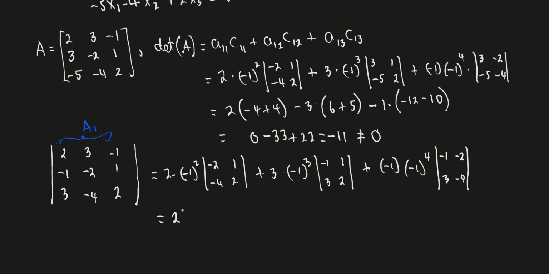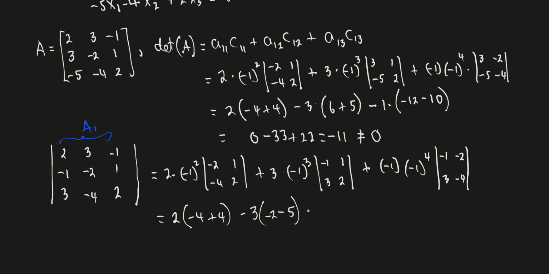Okay, so let's compute this. We have 2 times, we have a -4, and then a minus -4, so plus 4. So that one also will be 0. And then we have a minus 3 again. And then this one is a -2 minus 3.